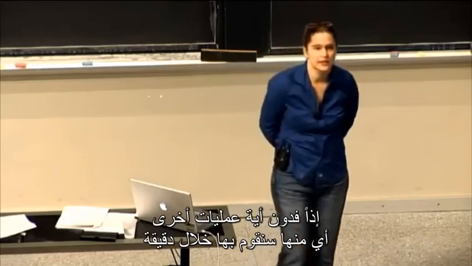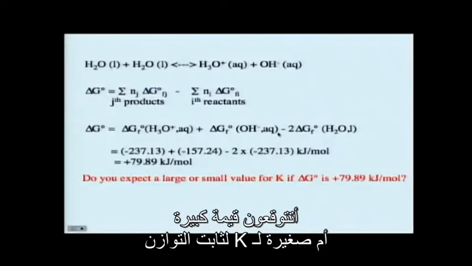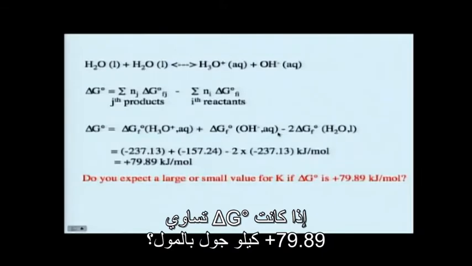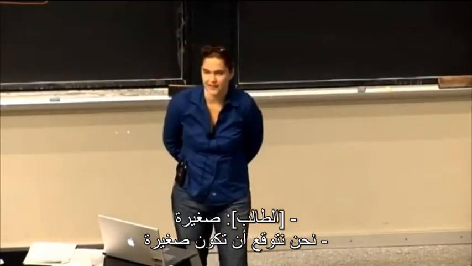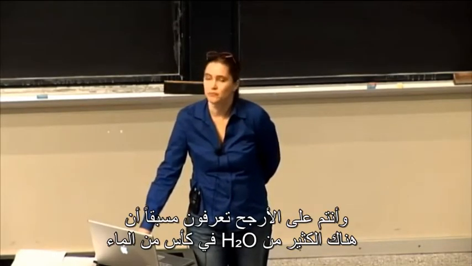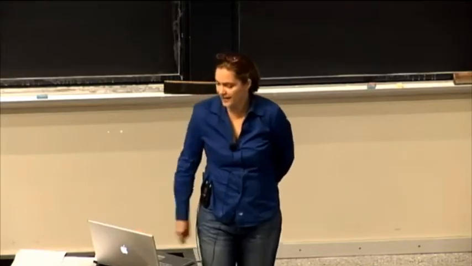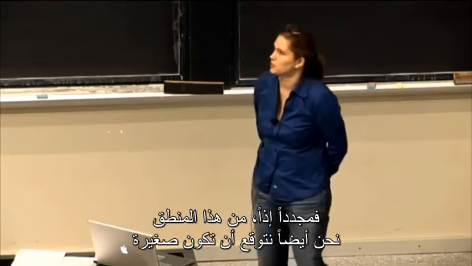So without doing any more math, which we'll do in a minute, do you expect a large or small value for K, the equilibrium constant, if delta G naught is positive 79.89 kilojoules per mole? We would expect it to be small. And you probably already knew that there's a lot of H2O in a glass of water. So again, from that perspective, we'd also expect it to be small.